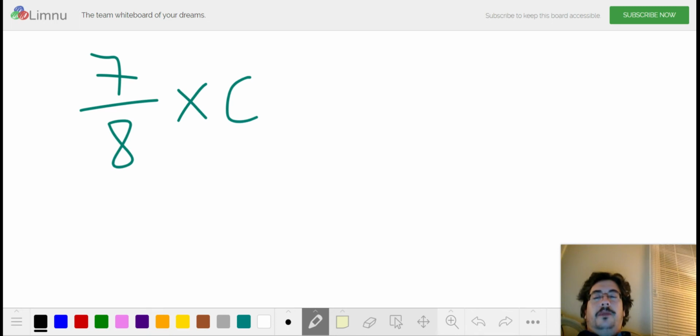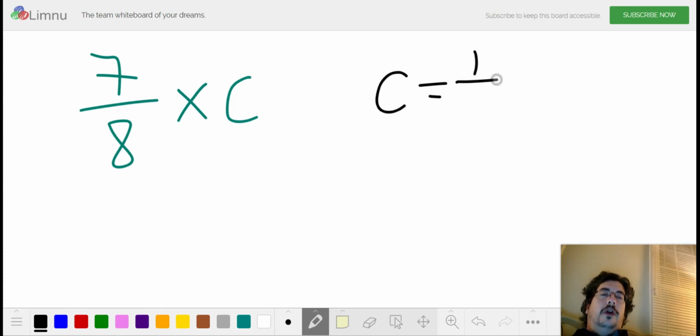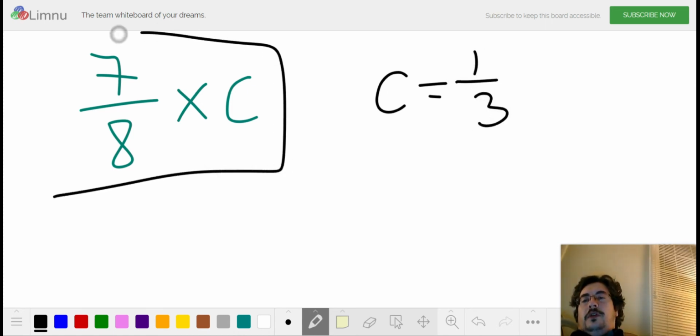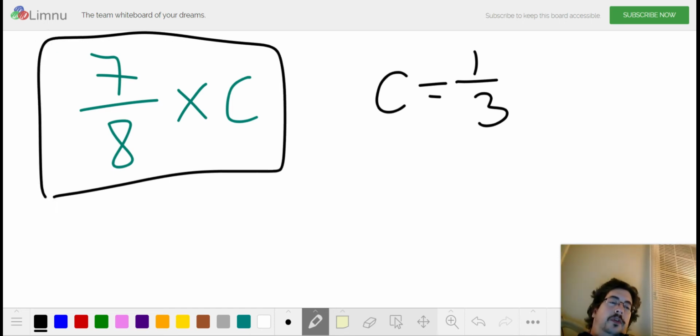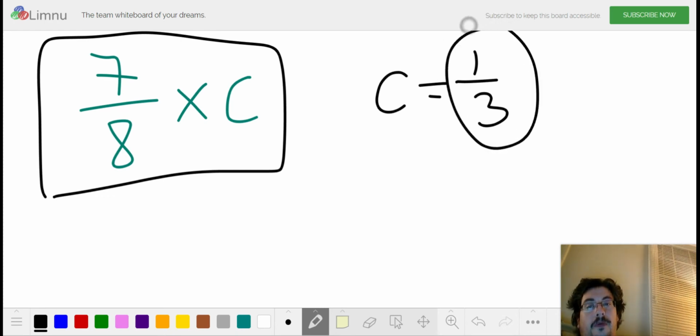Any kind of math problem. So, for instance, I could say that C is equal to 1/3. Okay, cool. And if I wanted to evaluate or solve this expression here, all I would have to do is replace the C with the 1/3 here.